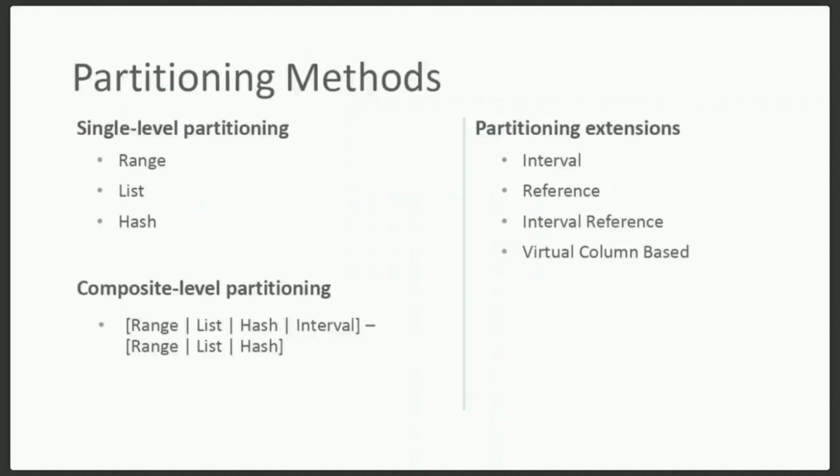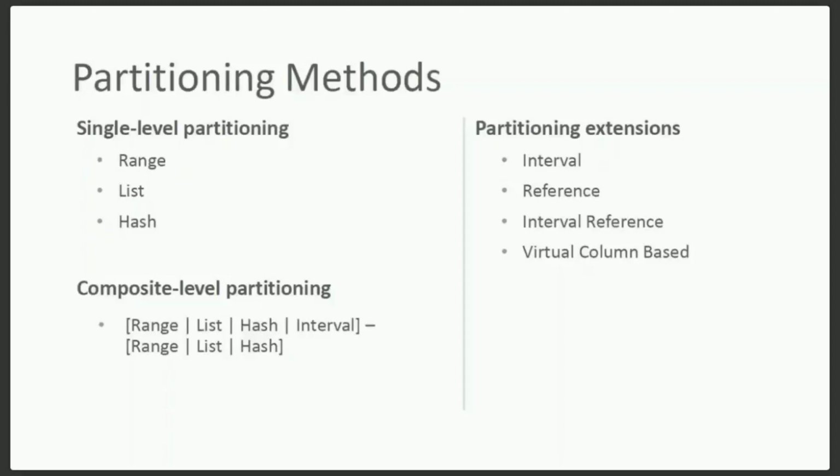There are a number of different methods of partitioning tables, and we're going to see this in the course of this presentation. You have single level partitioning as well as composite level. Single level could be range, list, hash, and also all the other new methods introduced in subsequent versions of Oracle. Composite level partitioning takes single level partitioning and does it at another level, called a sub-partition.